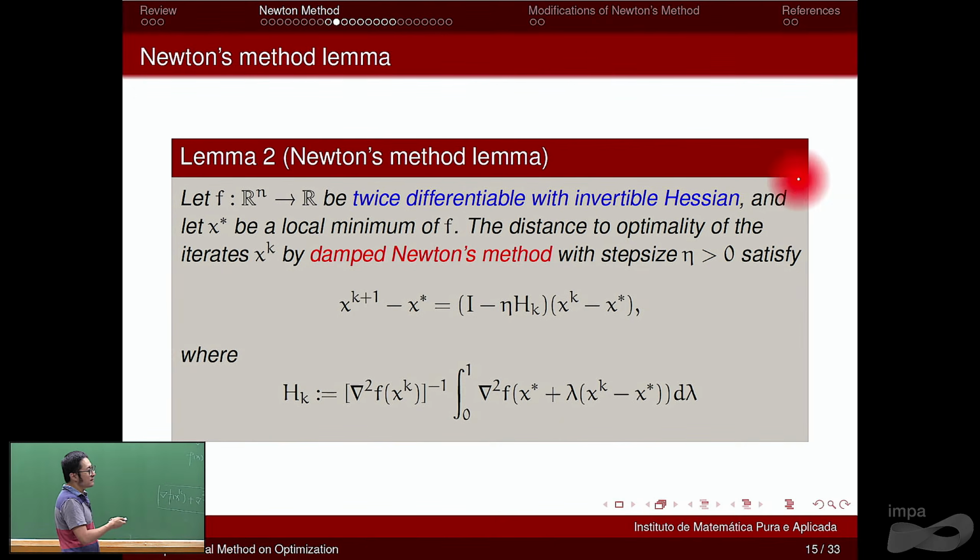It says: if f is twice differentiable with an invertible Hessian. Since you need to define the Newton direction, you need the inverse of the Hessian, so it's better to assume it's invertible.